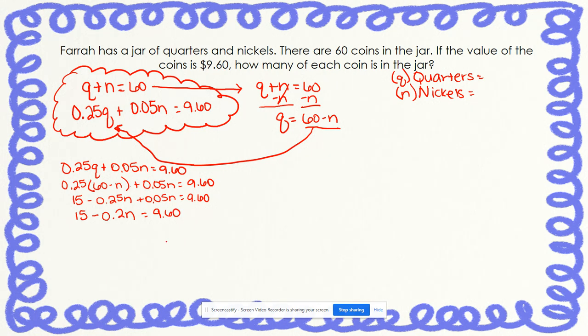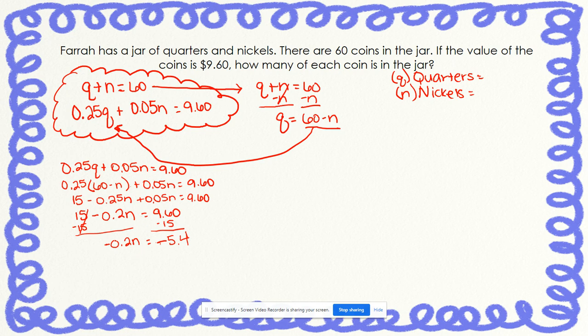Now I'm just going to solve this the same way that I solve any problem. So I need to get N by itself. I'm going to subtract 15 from both sides. When I do that, these are going to cancel, and I need to be careful because I'm not left with 0.2N, but I'm actually left with negative 0.2N. And then if I do 960 minus 15, I get negative 5.4.